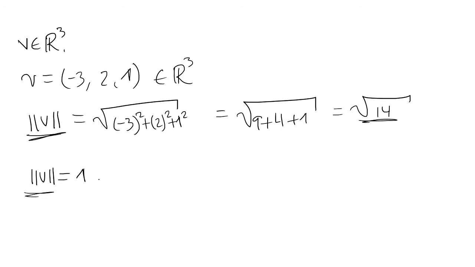You can obtain a unit vector in a desired direction by choosing any non-zero vector v in that direction and multiplying the vector by the reciprocal of its length. For example, if v is a vector of length 2 in R2 or R3, then 1 divided by 2 multiplied by v is a unit vector in the same direction as v.